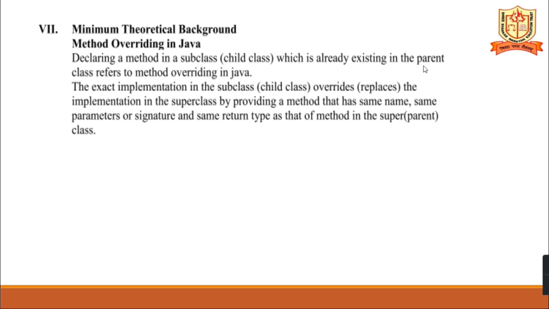The implementation in the subclass overrides or replaces the implementation in the superclass by providing a method that has the same name, same parameters or signature, and same return type as the method in the superclass.